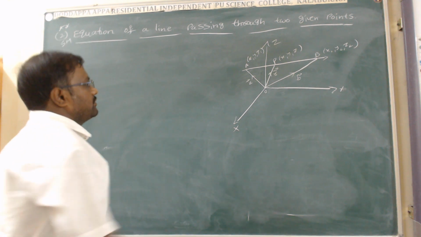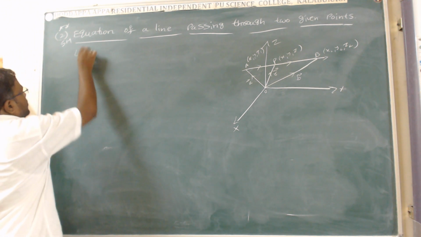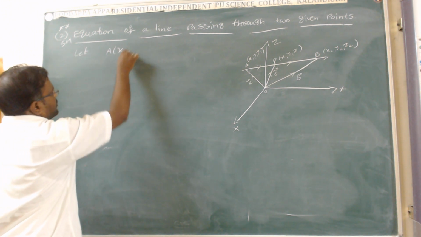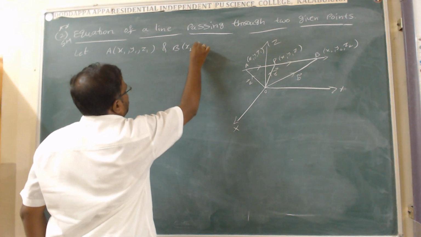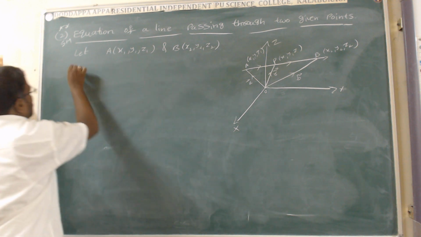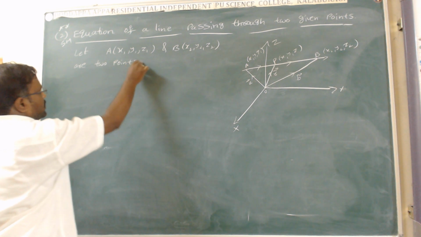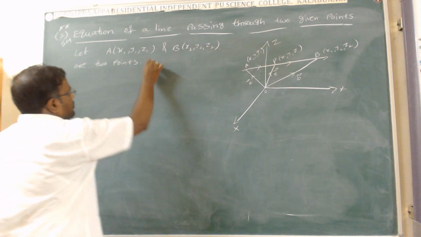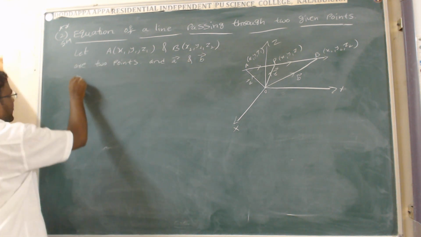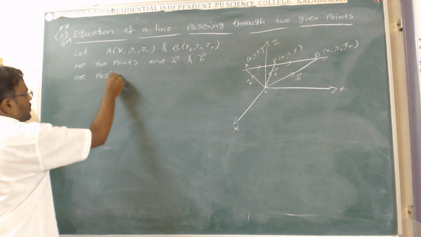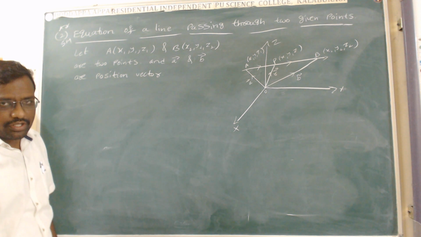Here, first, let A of (x1, y1, z1) and B of (x2, y2, z2) be 2 points, and vector A and vector B are position vectors.